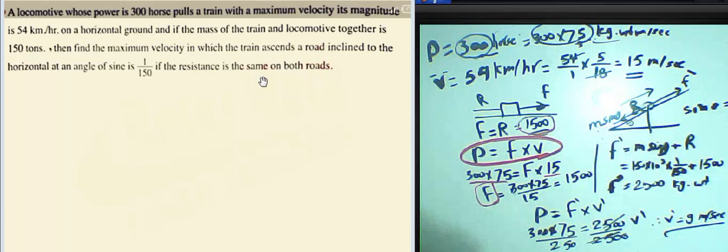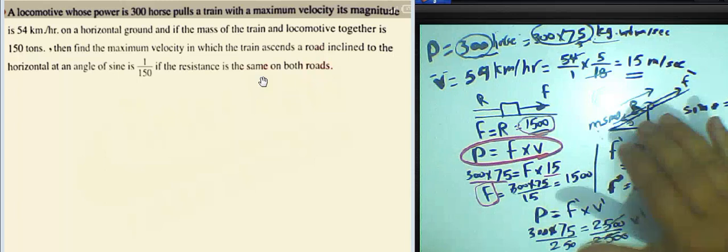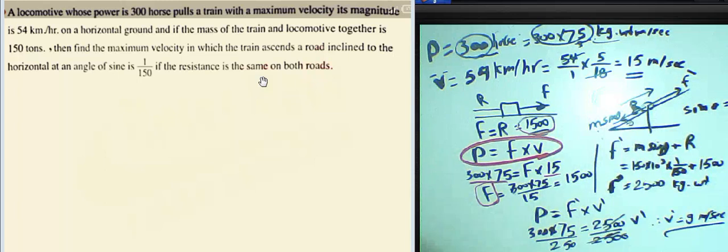Okay, then F dash will be 2500 kilogram weight, and then you can find the new velocity on this inclined line making angle theta with the horizontal. F dash equals m sine theta plus R, and F dash is 2500, and we can find V dash, because the power equals F dash multiplied by V dash, and V dash will be equal to 9 meter per second.